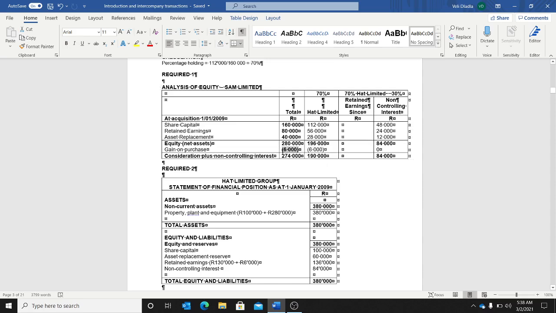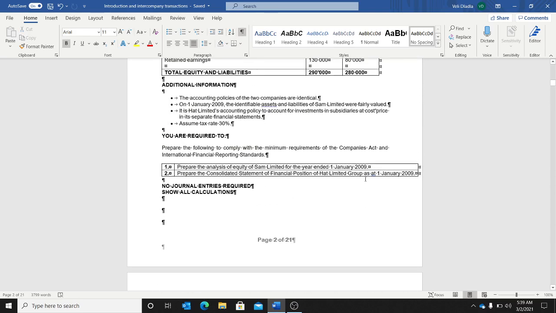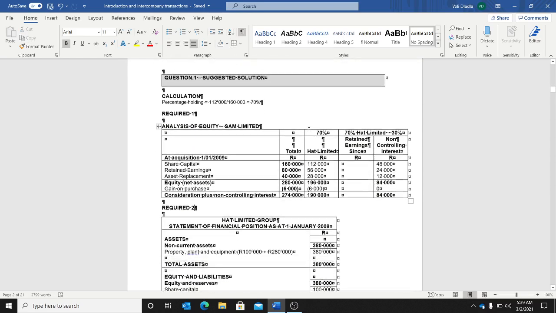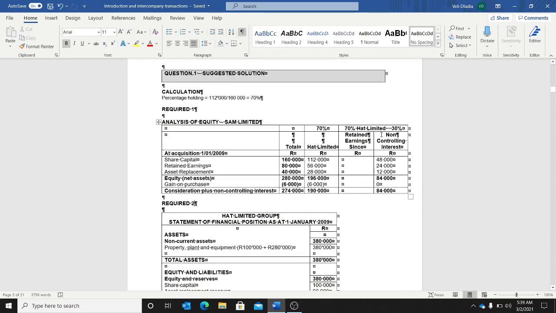Now, this gain on purchase, you'll put it here. But before you even put it here, you must always check this amount here. You'll see in this question, they're not saying anything about the fair value of this. So if they don't say anything, there's nothing wrong with the question.